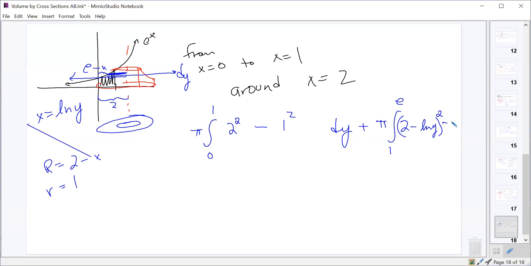But our inner radius is still 1. Does that make sense? So from 0 to 1, our outer radius is 2. No matter what, it's 2. But as we move up, it now is this x value as we start to move away. Does that make sense or no?